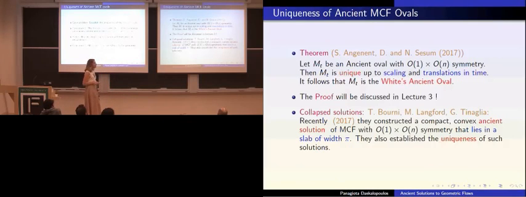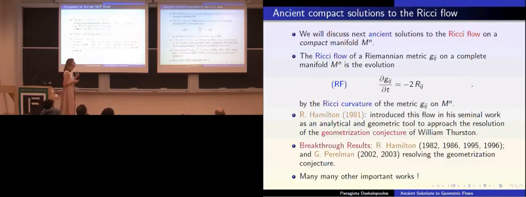They also prove the uniqueness of such solutions. They constructed compact convex ancient solutions with O(1) cross O(1) symmetry that lie between two planes of distance pi, and they establish the uniqueness of the solution. I haven't read the proof yet because I just saw the result, but it's an interesting result.